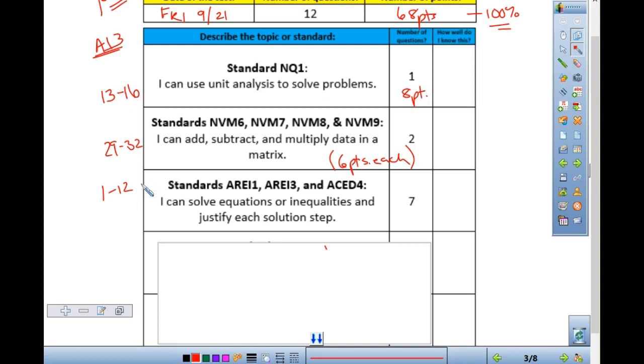It will also be like questions where you have to justify, like 21 to 28. So this is a huge part of the review. And when I look at the test, there's 2 questions that are worth 6 points, and then the other 5 questions are 4 points each.